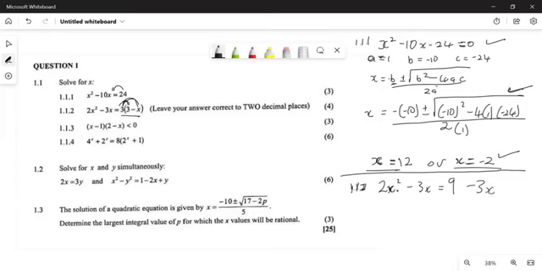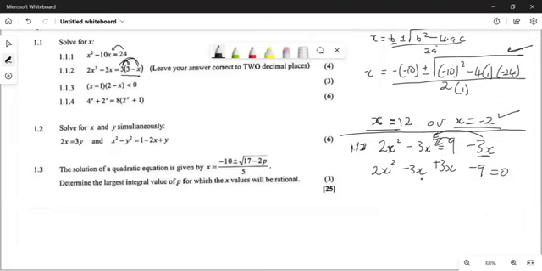I transpose 9 and negative 3x to the other side to put it in standard form. So you have 2x squared minus 3x again. If we take this one to the other side, it's going to become positive 3x. If you take this one to the other side, you have minus 9, which is going to be 0.